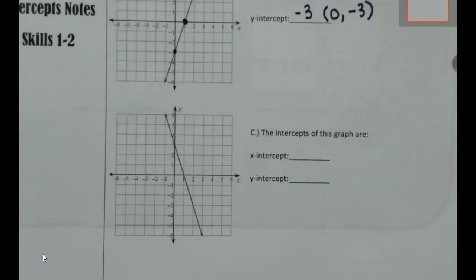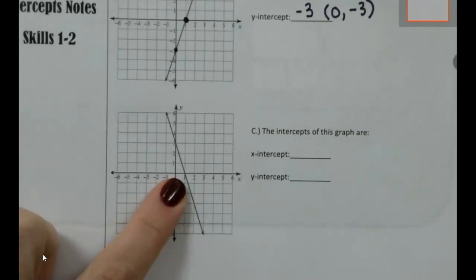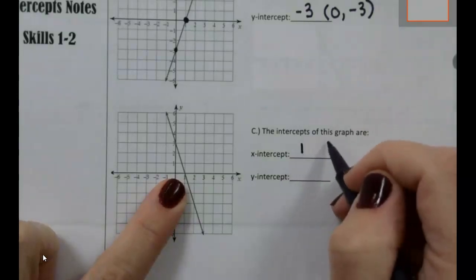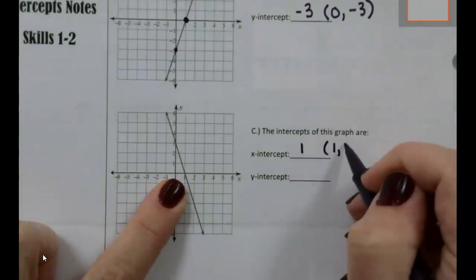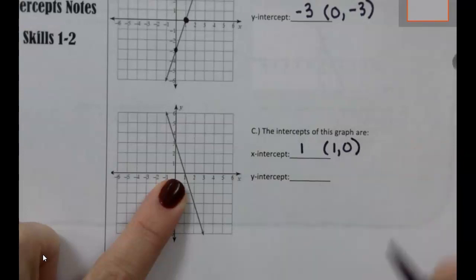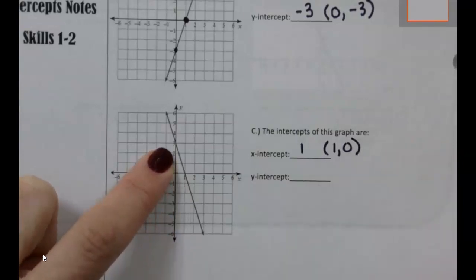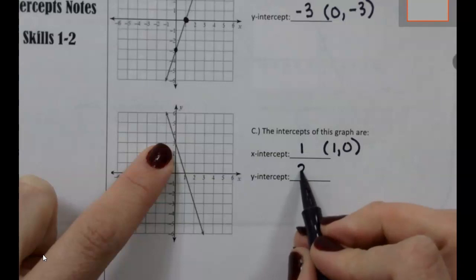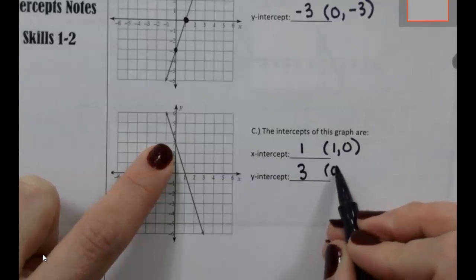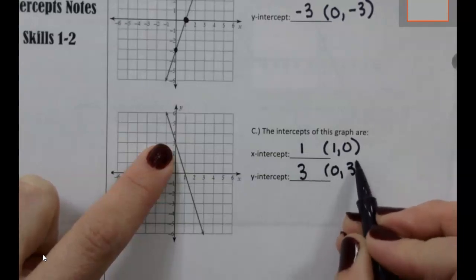So our answer should be the x-intercept is at 1, which is the point 1 over 0 up, and the y-intercept is at 3, which is 0 over 3 up.